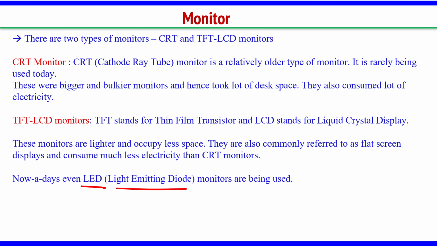Light emitting diode. LED stands for light emitting diode monitors are being used. So CRT, then came LCD, and now we have LED display screens, right? So LED means light emitting diode, LCD means liquid crystal display, right? CRT means cathode ray tube.